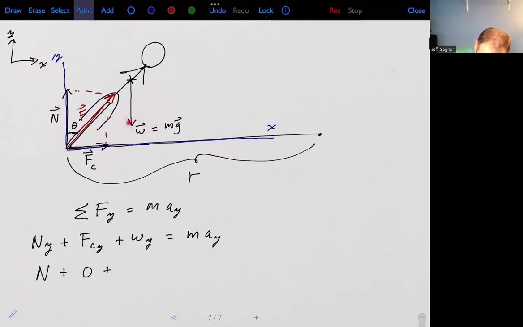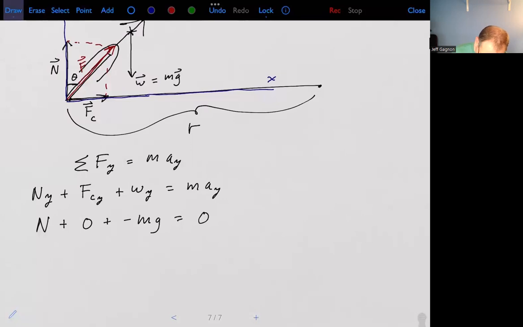All of it acts in Y, and it's negative, so it's minus mg. And again, the bike is not leaving the ground, so the acceleration in the Y direction is 0. So the normal force is equal to the total weight of the person and the bike.